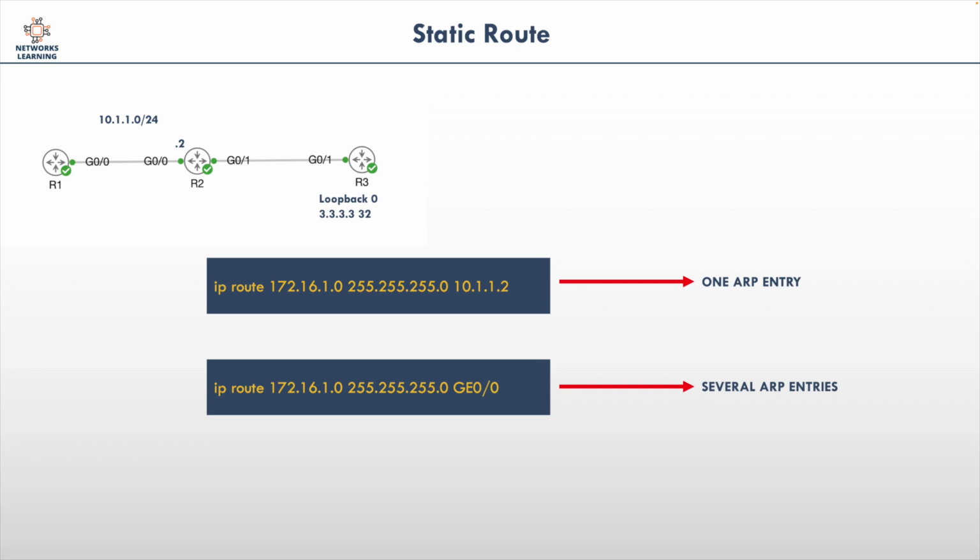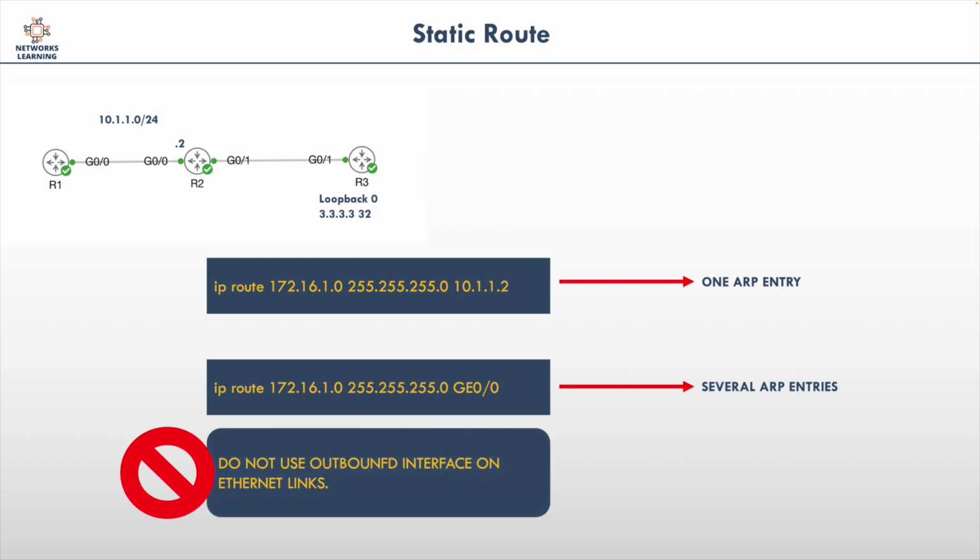For .7, it will have to send another ARP request because these entries are not in the ARP cache table. Whereas when you are using a next hop IP address, as we did in the previous example, 10.1.1.2, each IP address on the 172.16.1.0/24 has a next hop of 10.1.1.2. That's one ARP entry.